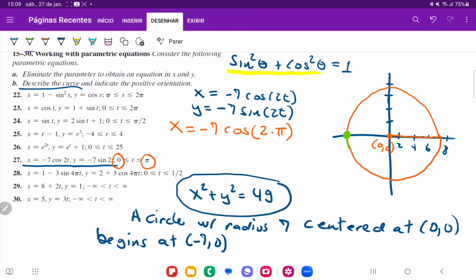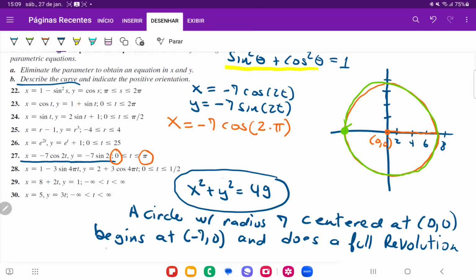So the endpoint is a full 2 pi around, and it would just end where we started. Same thing for y, because the period here is just pi. So for this situation, it begins at minus 7, 0, and does a full revolution, and then it's going to be counterclockwise.